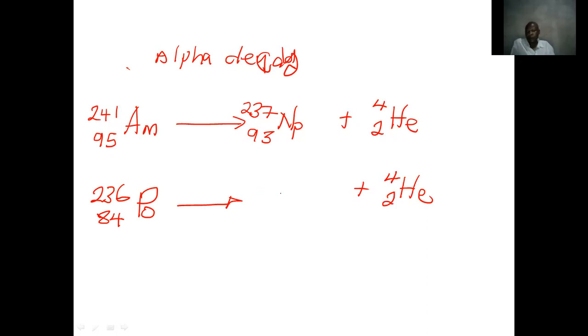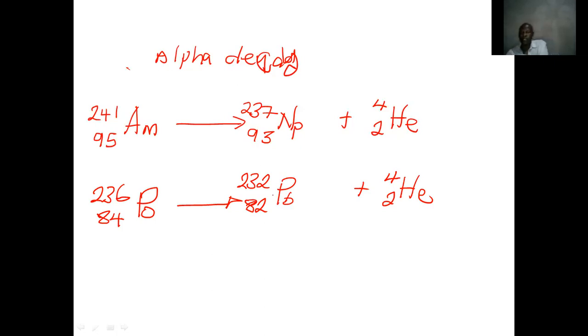And then you have the new element where the nucleon number is going to decrease by 4. So it's going to be 236 minus 4, which will be 232. And then 84 minus 2 for the proton number, we're going to have 82. So really, this is how an alpha decay takes place.